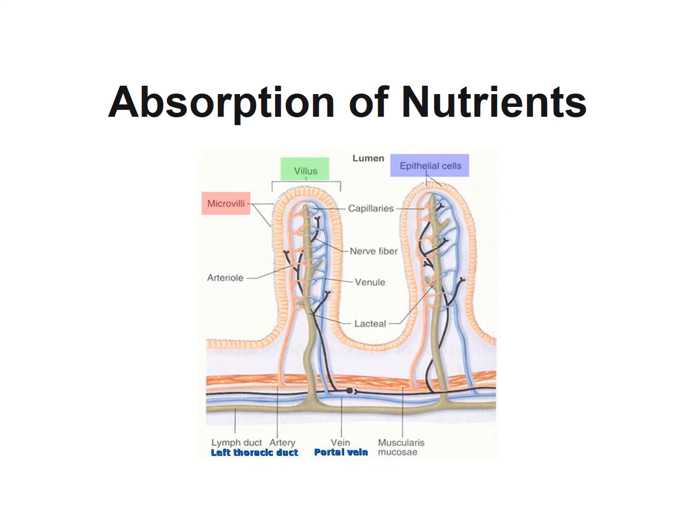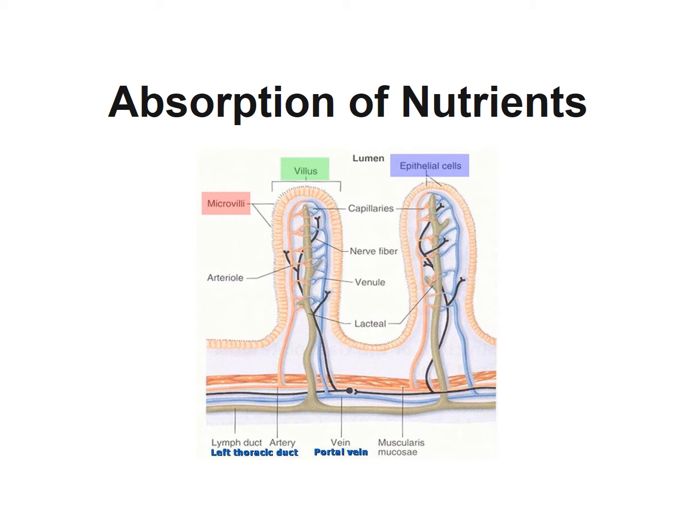This is a picture that shows a couple of villi in the intestine, and it also shows the different enterocytes that basically line up on these villi, and also the microvilli that protrude from these enterocytes.